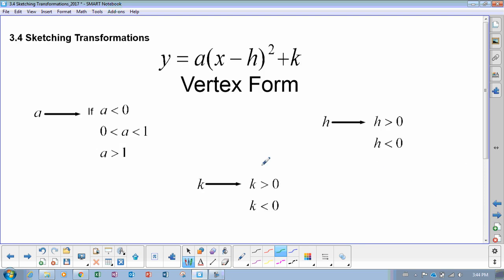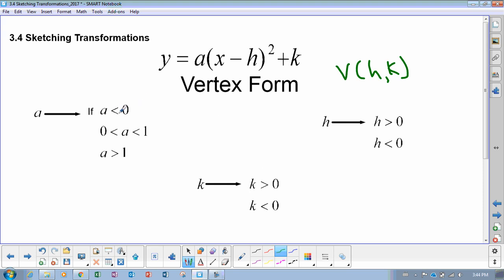Okay, so just to review once again, so that's vertex form up here. So the vertex will have the coordinate h, k. So these letters don't mean anything in particular other than they're placeholders. So the number inside the bracket is going to be our vertex x value, and then the k value on the outside, that is the y value.